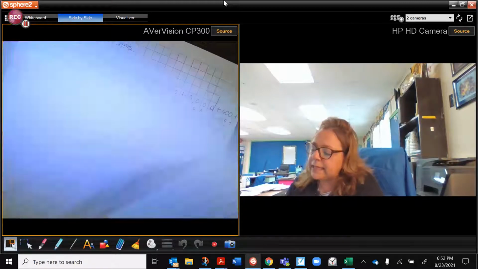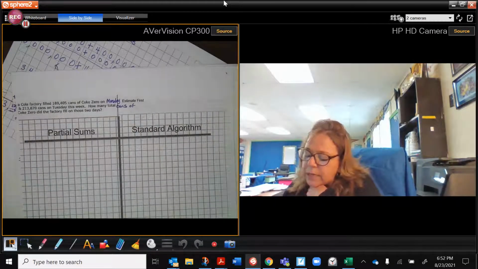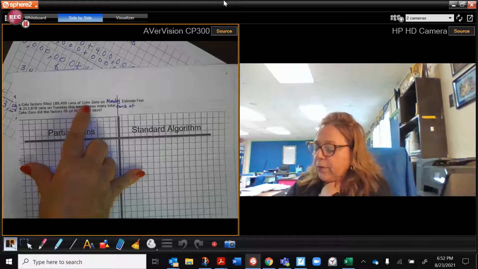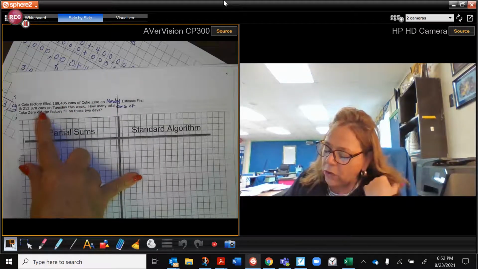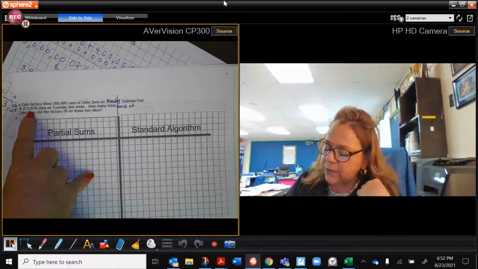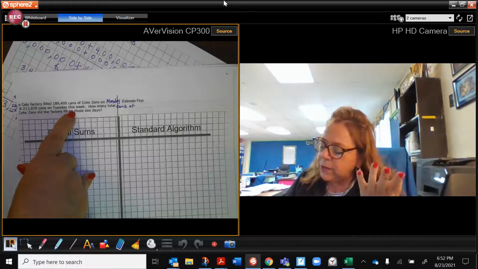And then lastly, in case you did not get it, this was the Coca-Cola Company. You still have your numbers here. So they filled 189,405 cans of Coke Zero on Monday. Then on Tuesday, 213,870 cans. And this was of the regular Coke.